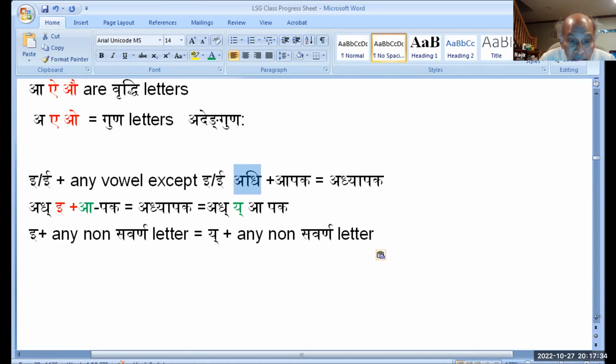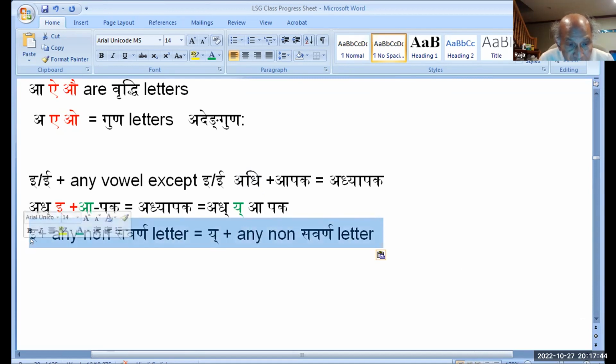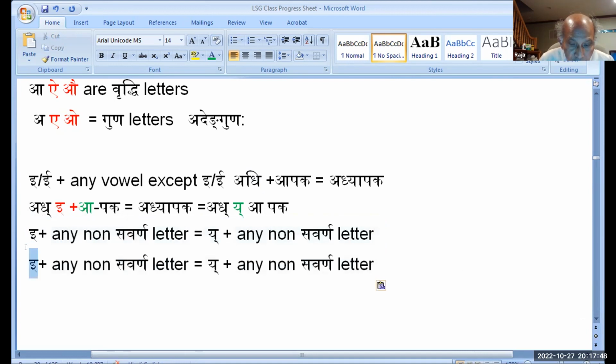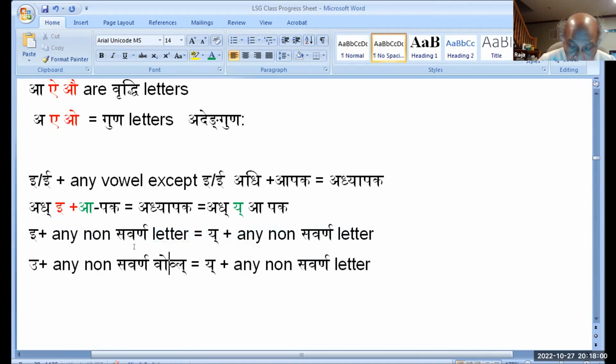Now E is replaced by Ya. Likewise, I can make the same type of thing with a lot of other things. U and any non-Savarna letter. I can even say Savarna vowel, even better. Savarna Ach.